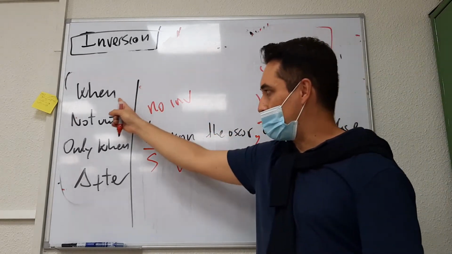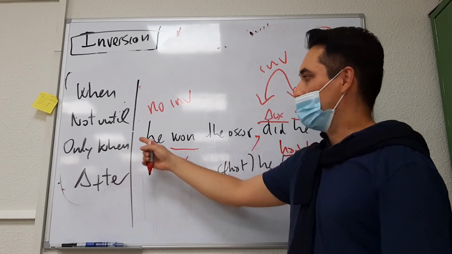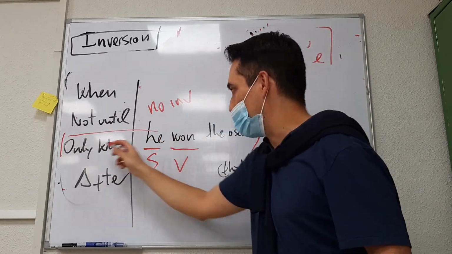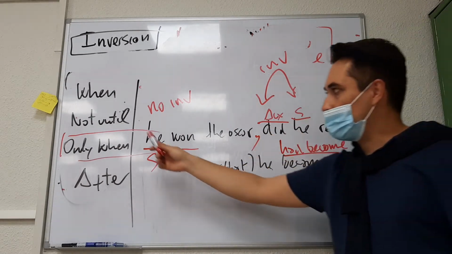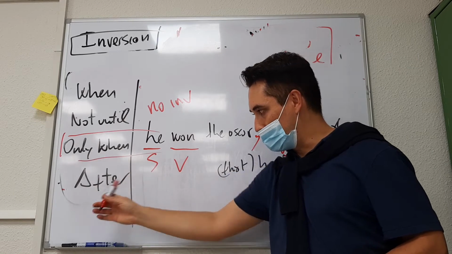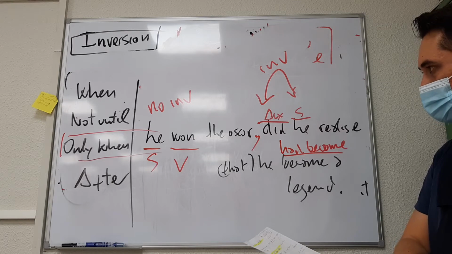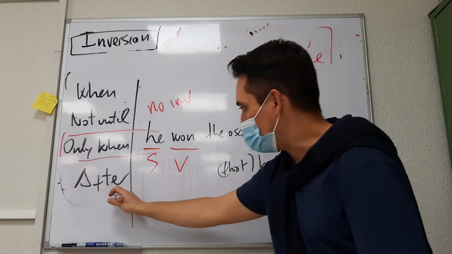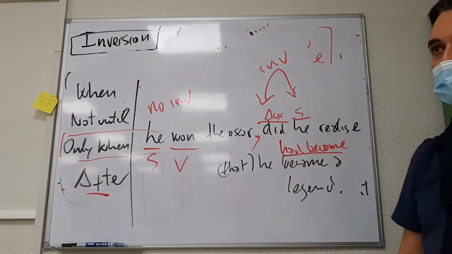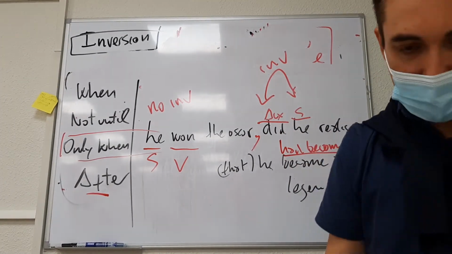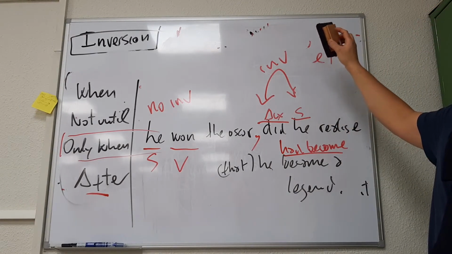So when you use these temporal markers, the best one is only when: only when he won the Oscar did he realize he became a legend. With after, you use the inversion in the second part of the sentence. That is the end of inversion. Can I erase it? There are 2 more parts to come.